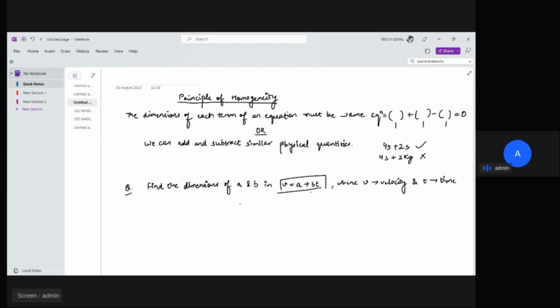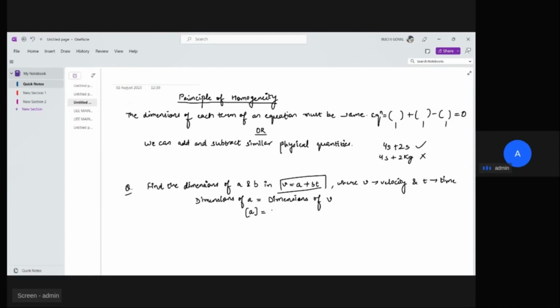So we can write: dimensions of A will be equal to dimensions of V. What is the dimension of V?